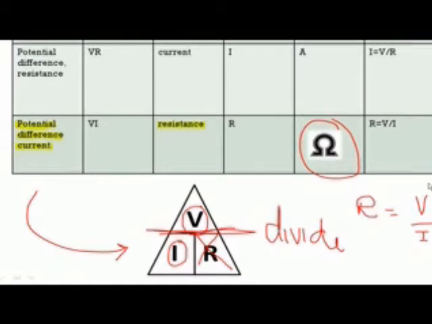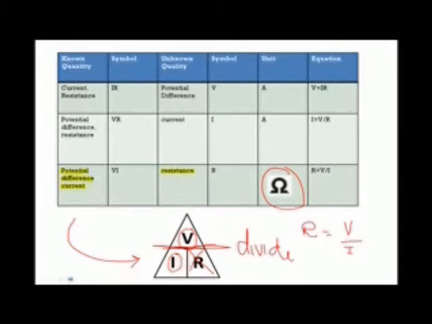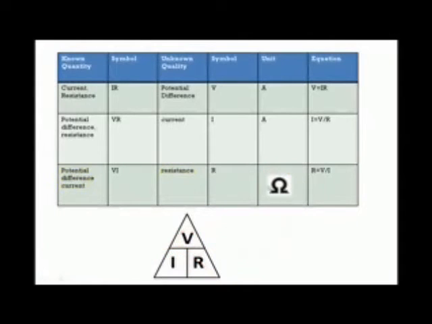So these are the three main equations that you have to know. And instead of memorizing all these, V equals I times R, I divided by R, you don't need to go through all that trouble.